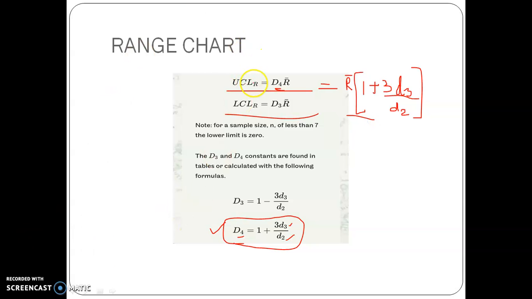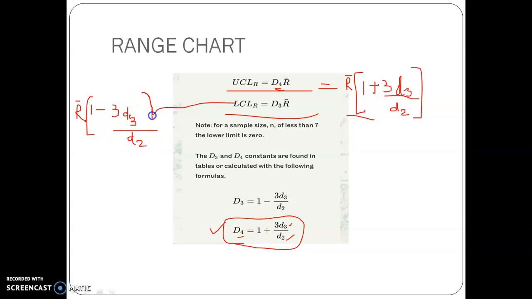Okay. In the same way, if we want to write the formula for lower control limit, what will it become? It will become R bar [1 minus 3 small d3 divided by small d2].